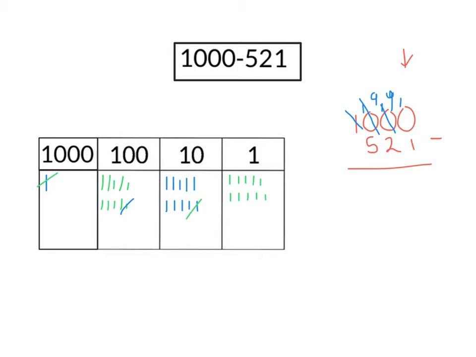So I need to be doing 10 take away 1. So 10 take away 1, cross one out, I've got 9 left. That row's now done. Then I'm doing 9 take away 2, so I'm going to be crossing 2 off, and I've got 7 left.